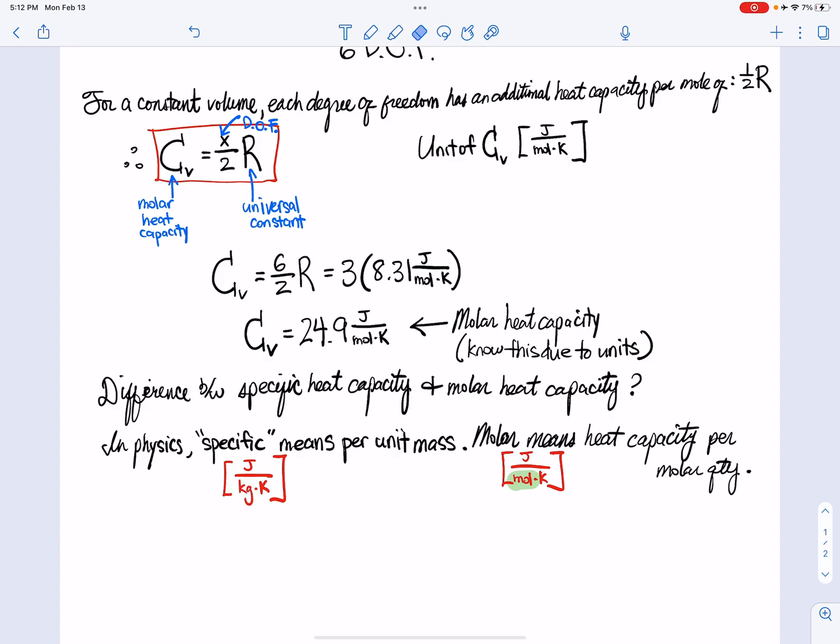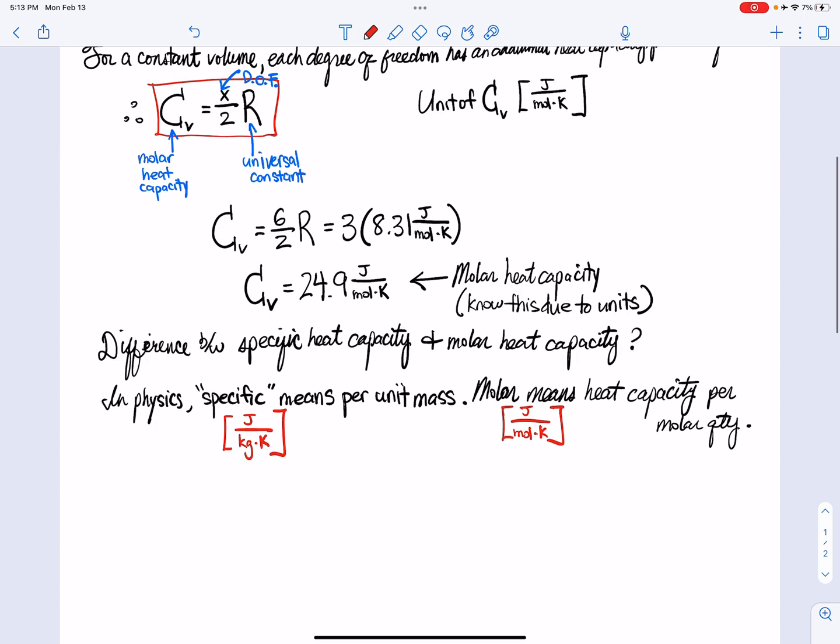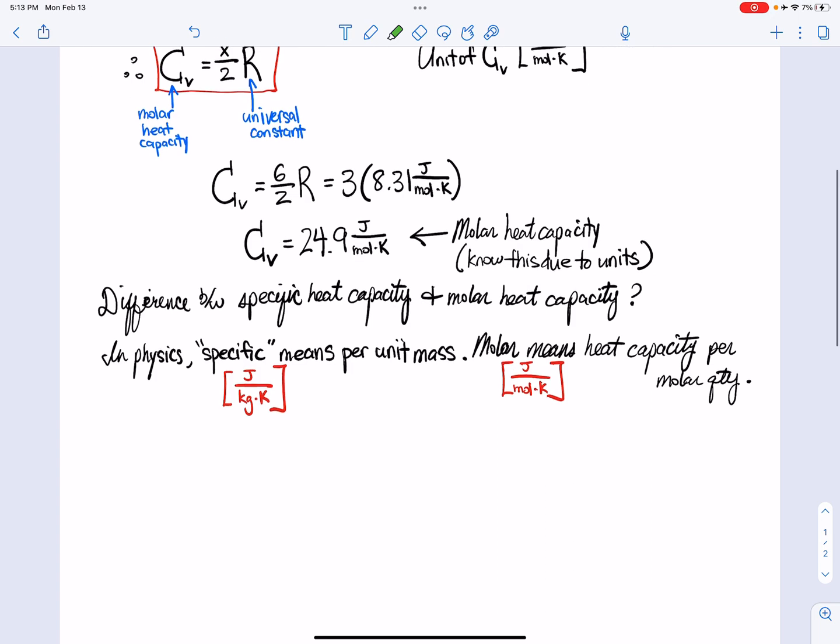See the kg right there. And for molar, it's mole, joules per mole times Kelvin, right? Okay, so anyways, back to the problem. So right now I have the molar heat capacity, okay? How do I convert that into specific heat capacity?